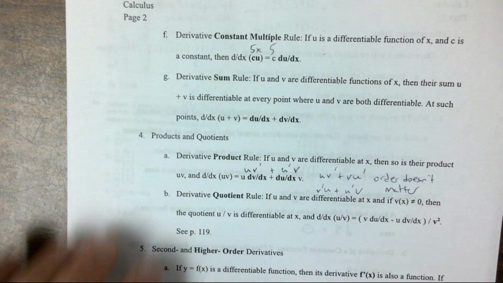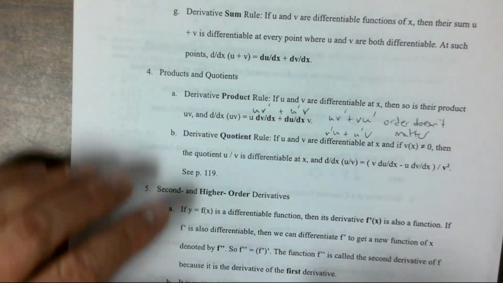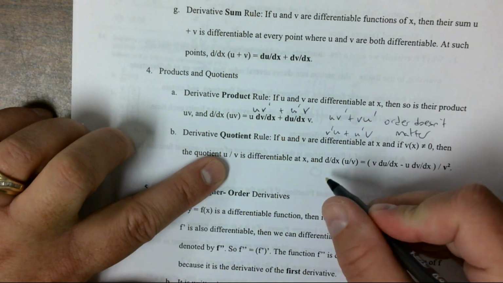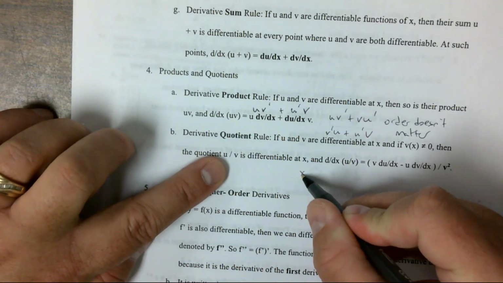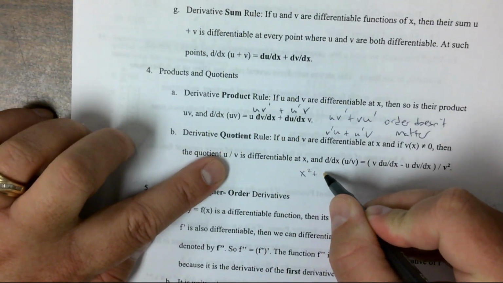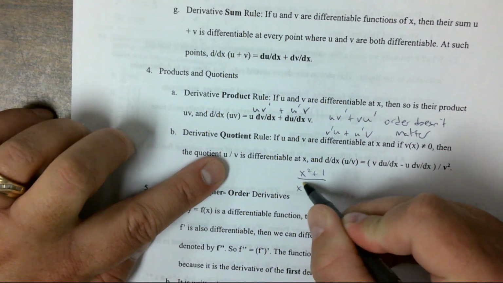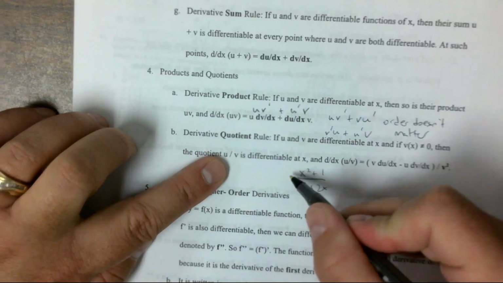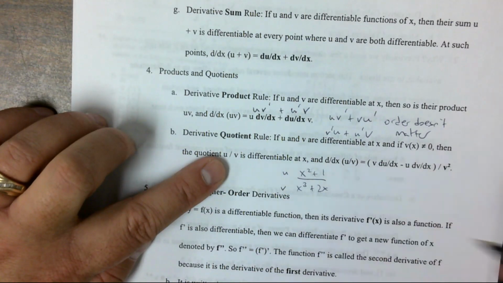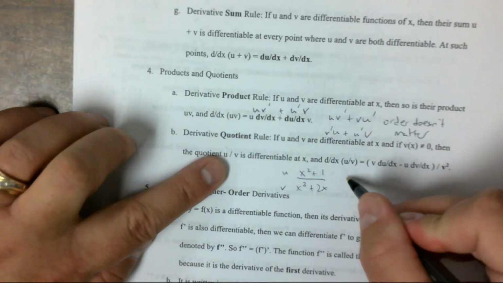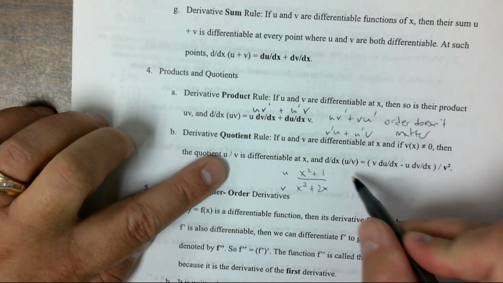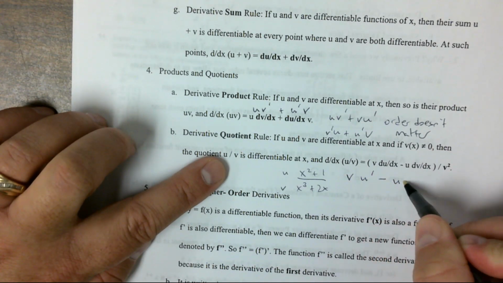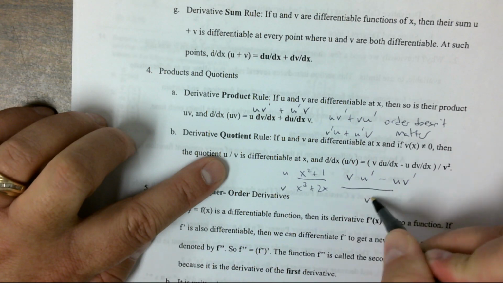The order doesn't matter. Now on the quotient rule, we're basically going to have, let's just say x squared plus 1 over x cubed plus 2x. We're going to name this u, name this v, and we have to go with v u prime minus u v prime over v squared.